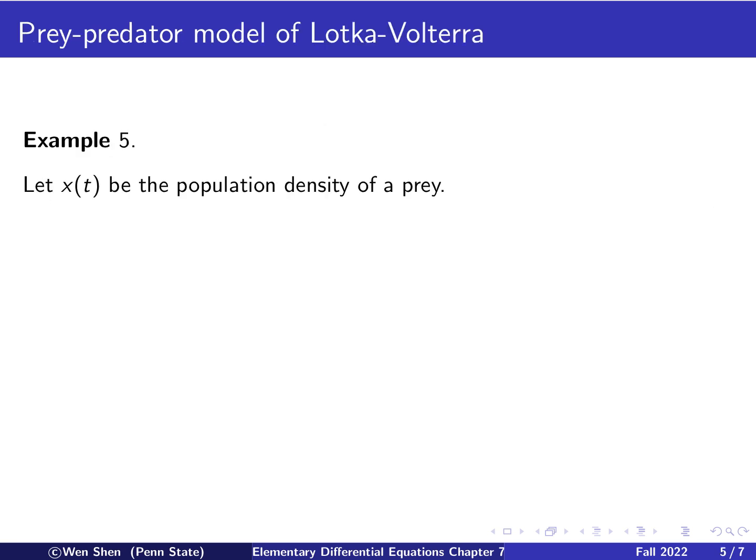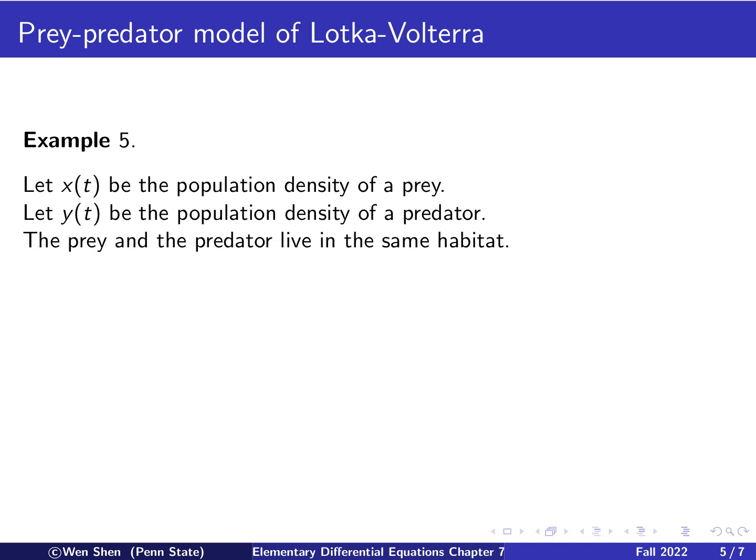Our next model in population dynamics is the famous prey-predator model of Lotka-Volterra. So we're in a situation that we have a prey and a predator living in the habitat. Let x be the population density of the prey, and for the predator, we let y denote the population density.